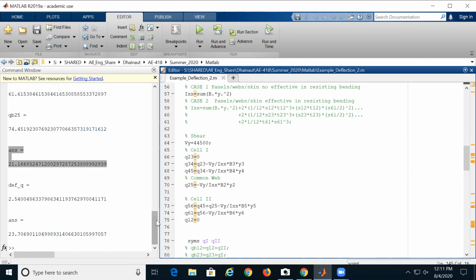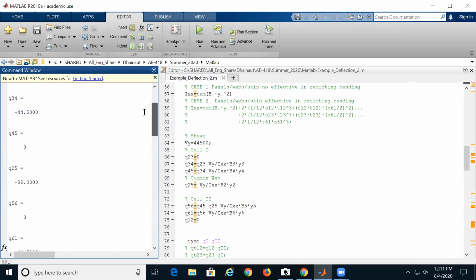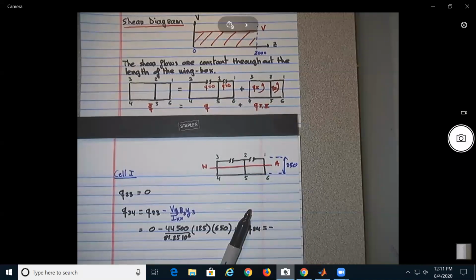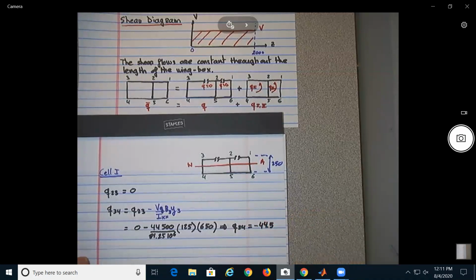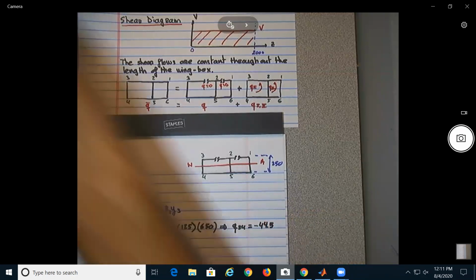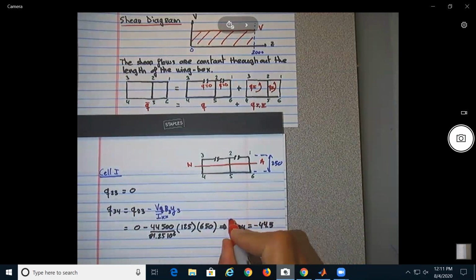So Q34, if I go here on top, should give you minus 44.5. And I think you all found that, okay? So minus 44.5. The units of this should be newtons per millimeter, but I don't have space, so we'll just leave it as this one over here.